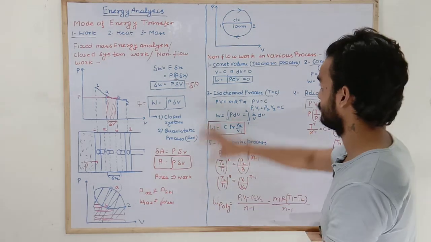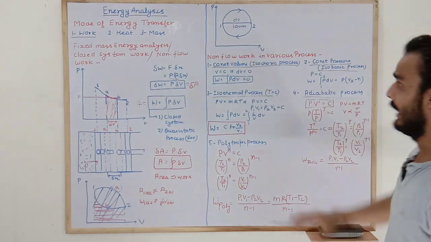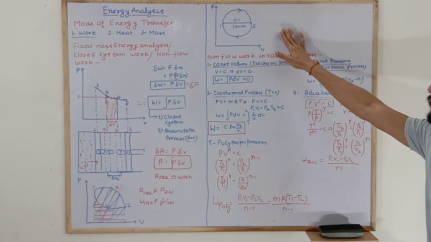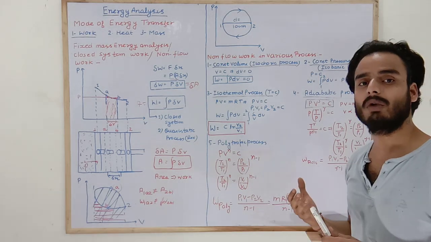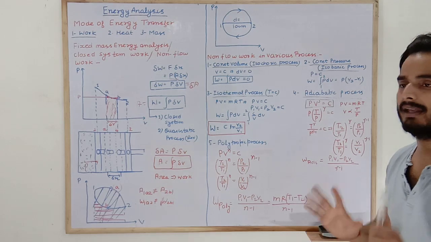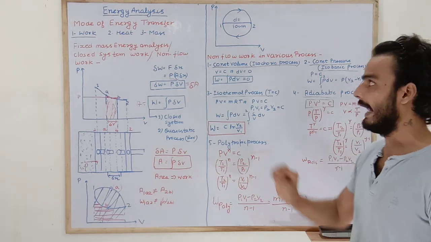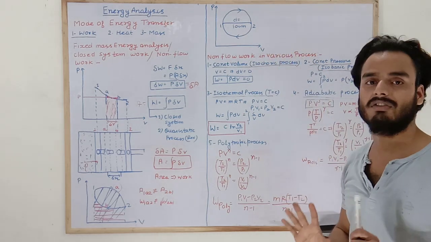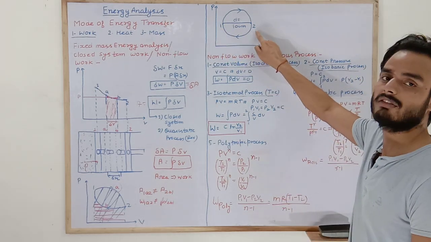So be careful. Now I am taking this example, a pressure versus volume curve. Here the system is doing a cyclic process and I am asking how you will calculate the work done. We know the basic concept: area under the PV curve represents the work. Initial state 1 is here and final state is here.